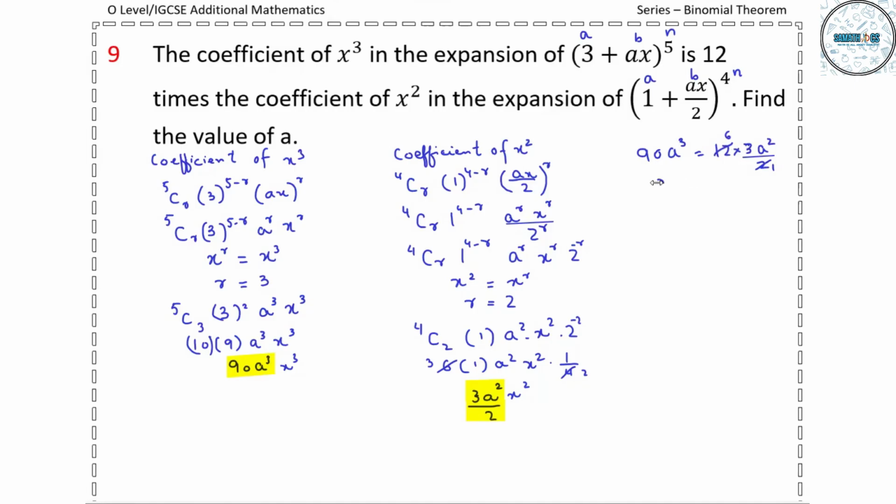So it is 90a³ is equal to 18a². We'll bring this a squared to the denominator: a³/a² is equal to 18 divided by 90. So a cube divided by a squared is a, and 18 divided by 90 is 1 over 5. So the value of a is 1 upon 5.